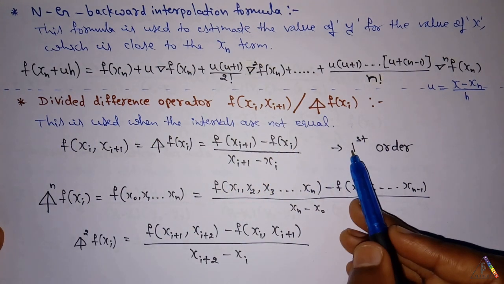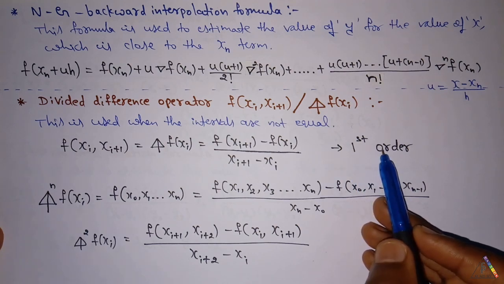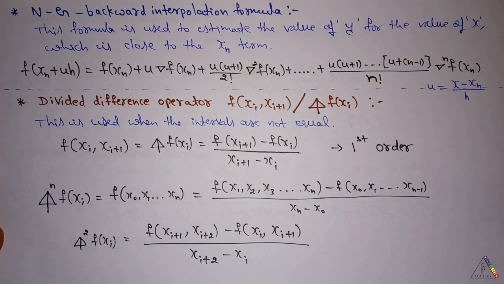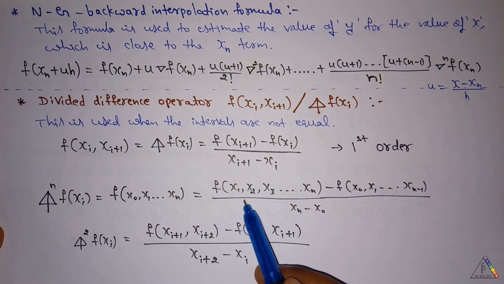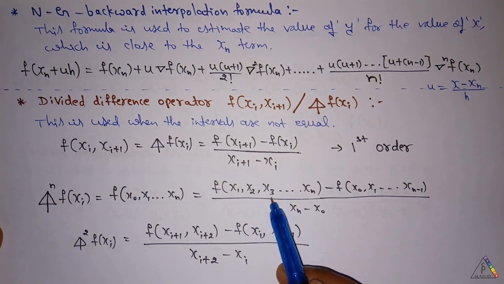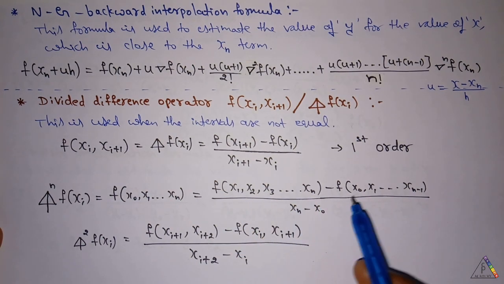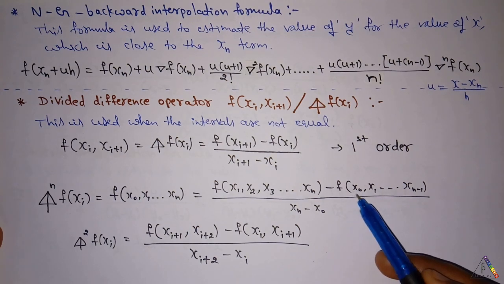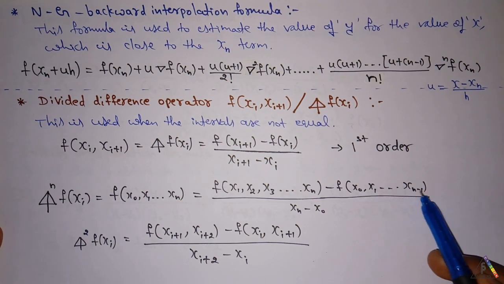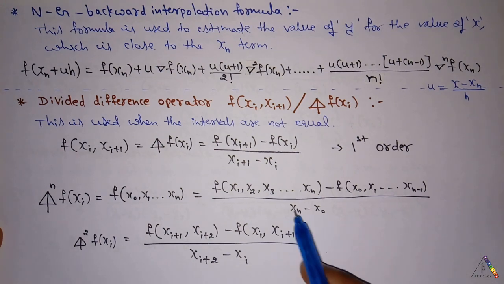This is the first order divided difference operator, and for the nth order it is represented by f of x naught comma x1 so on up to xn, that is equals to f of x1, x2, x3 so on up to xn minus f of x naught, x1 so on up to xn minus 1, divided by the last term minus the first term.